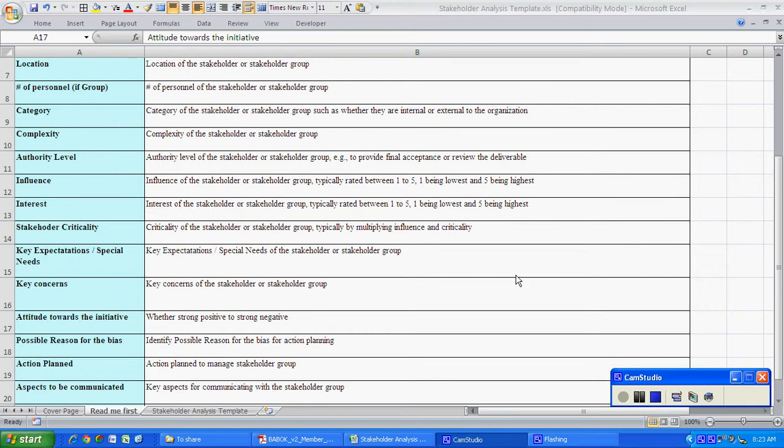And in case the attitude is not on the positive side, like there is a negative perception about the initiative, it is also good to find out why is it so, because sometimes the reason could be that the stakeholder group does not feel confident about the approach or about the capability, so they may be opposing or they may not be supporting the initiative.